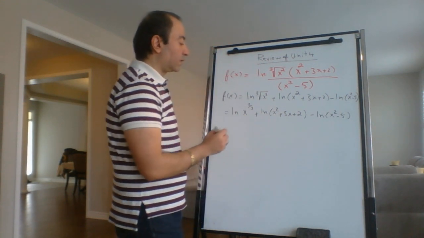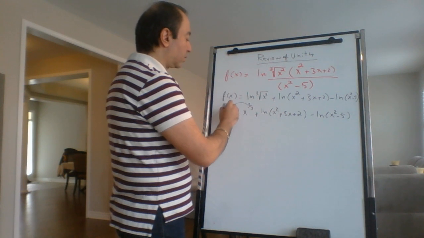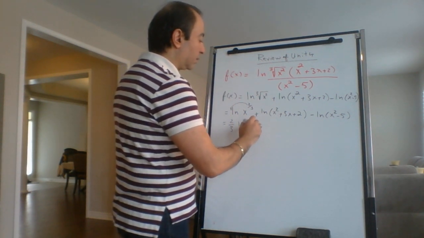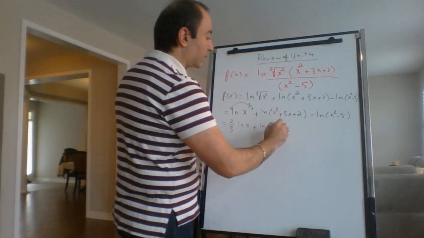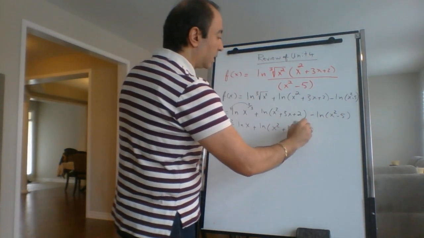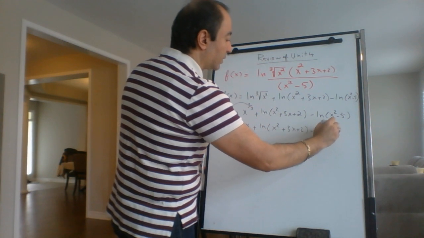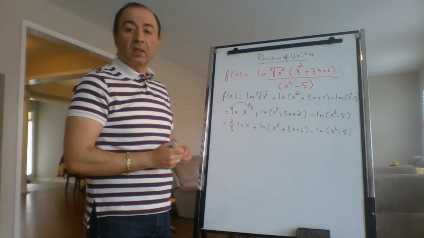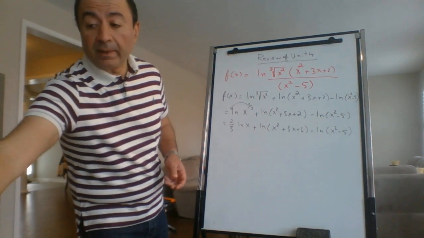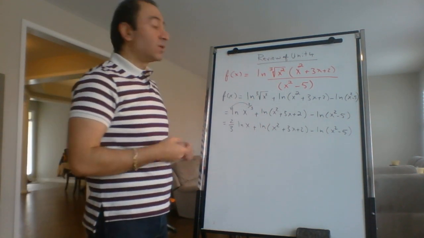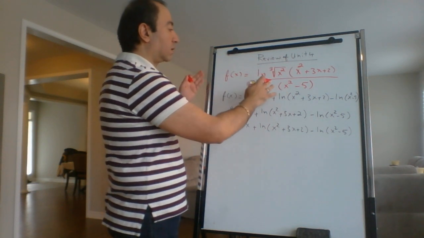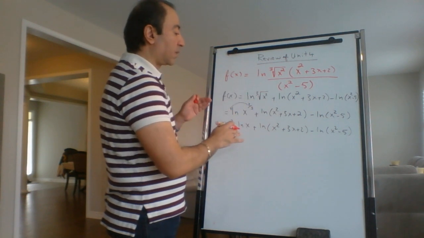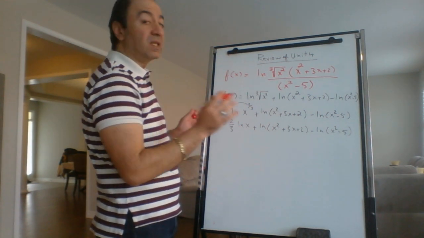Then I can find the derivative. Still, I can use the power rule and send this over here. So 2 over 3 ln x plus ln x squared plus 3x plus 2 minus ln x squared minus 5. With these ln's added and subtracted and using the power rule, I can find the derivative much easier now.